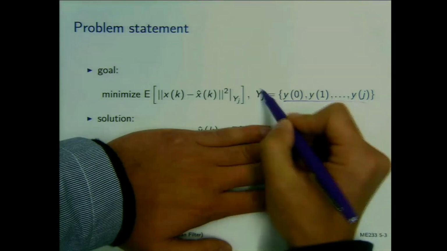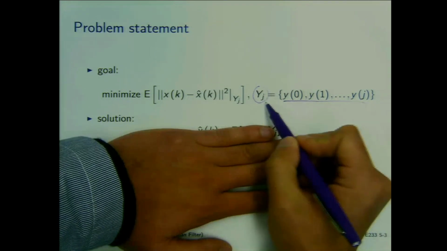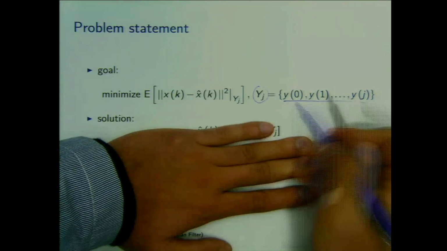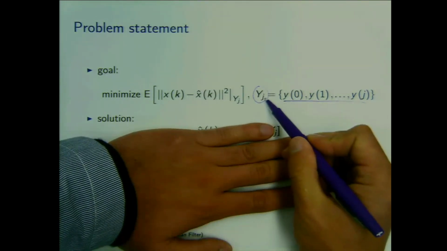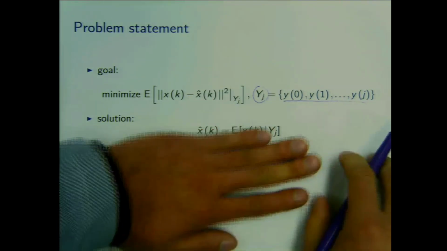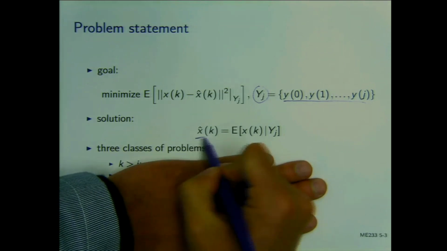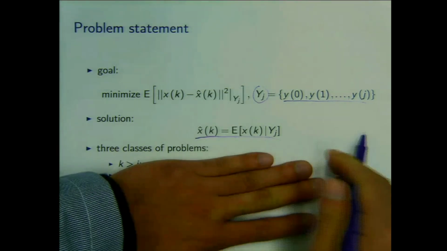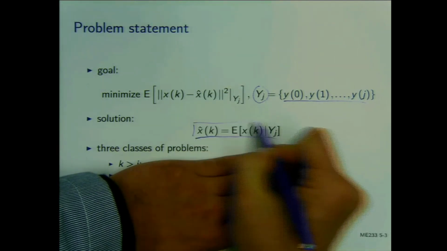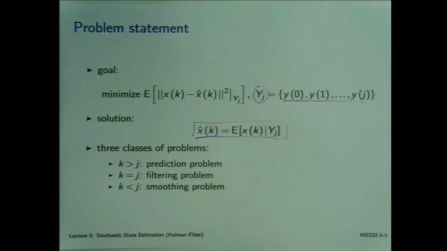So I use capital Y subscript j to indicate the measurements from 0 up to j. So this is the conditional expectation sign here. The solution coming from least squares, if you recall, the least square solution is exactly this, conditional expectation.